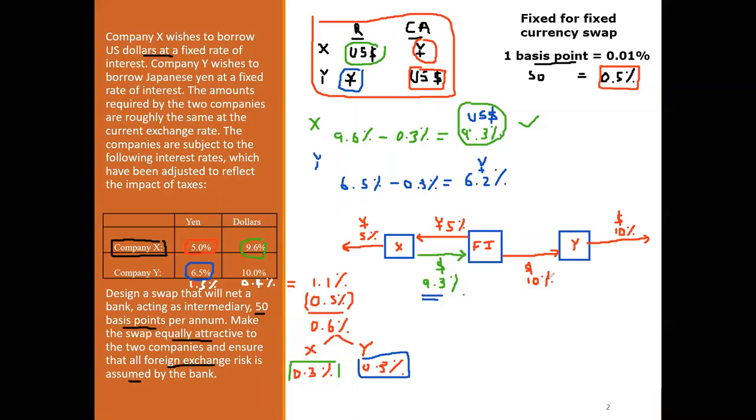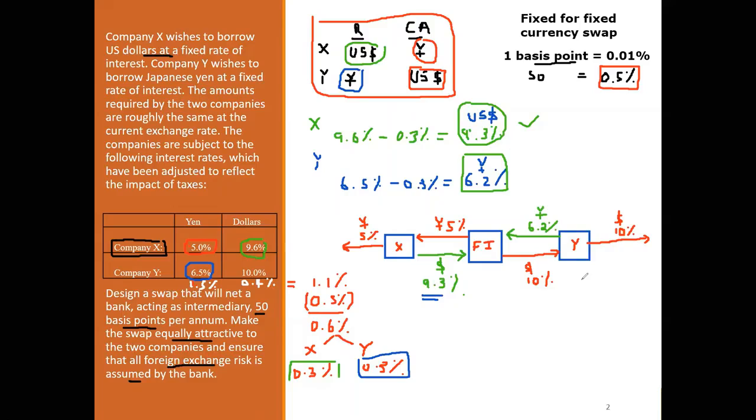So far there is no cost to Y in dollars, or there is no cost to Y. But we know after the swap, the cost of Y should be 6.2% on the yen value. So we can make sure that Y pays 6.2% on the yen value to the financial intermediary.